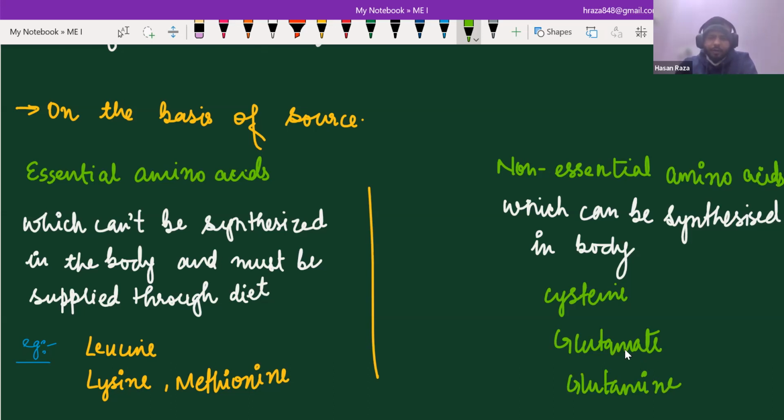Please do write it. We can also write glycine as non-essential, alanine is also non-essential, and cysteine, which I already wrote. I'm going to write more examples in this also.